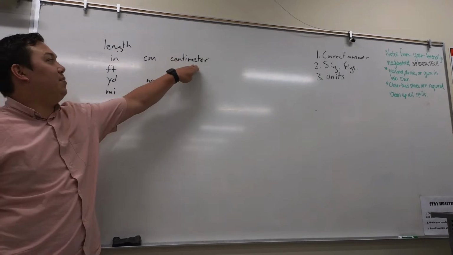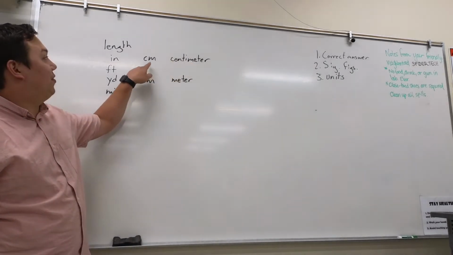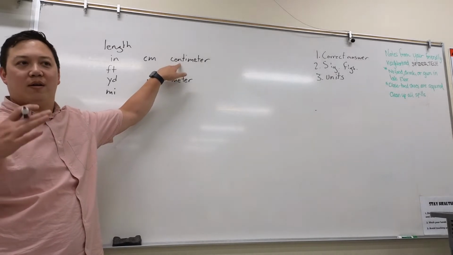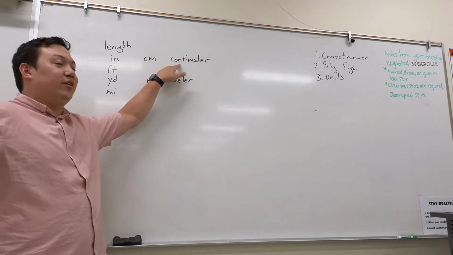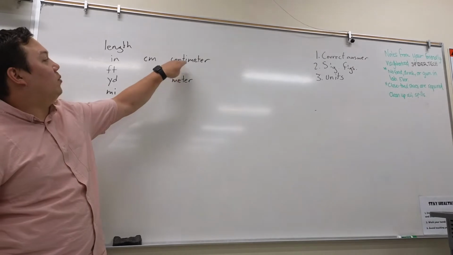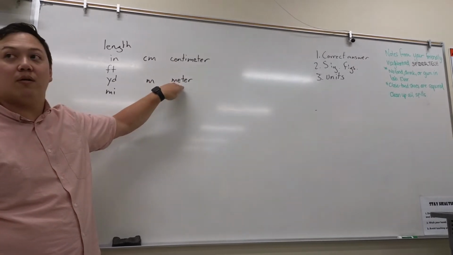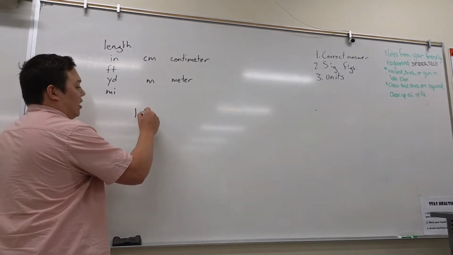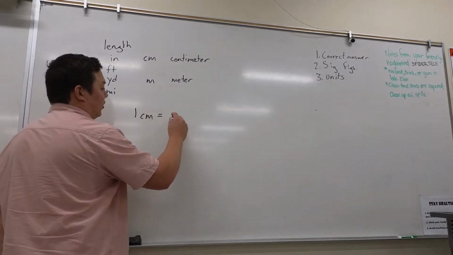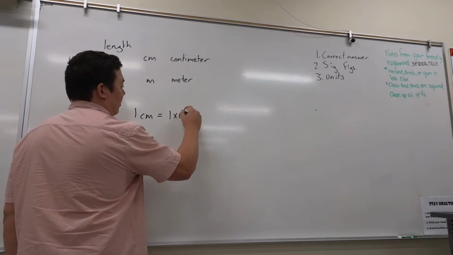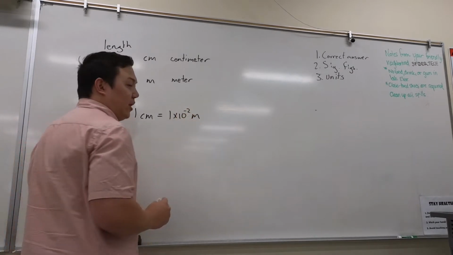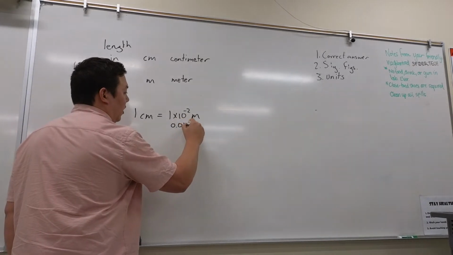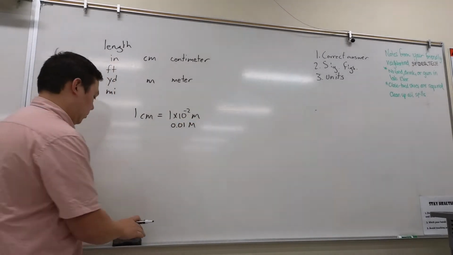So centimeter means that this unit is 1/100th. Like a percent is 1 out of 100. A century is 100 years. This is 1/100th of a meter. So the relationship is that 1 centimeter is equal to 1 times 10 to the -2 meters, or 0.01 meters.